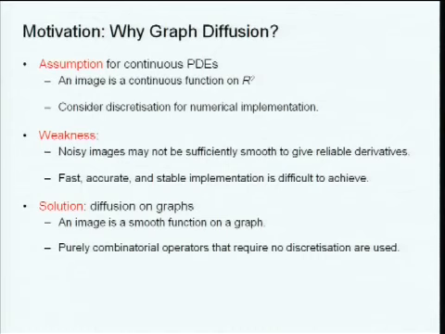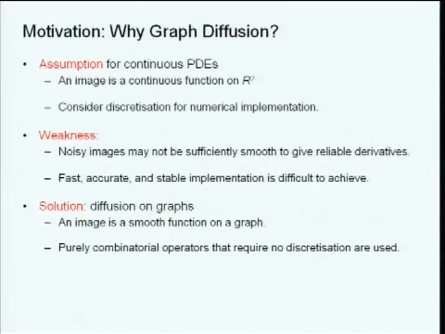This is really some of the motivation for doing it in the graph setting. Most PDE approaches assume that an image is a continuous function and then consider the discretization of this function for numerical implementation. And this is really where all the problems come in, trying to convert a continuous PDE from the space of reals onto a pixel lattice.